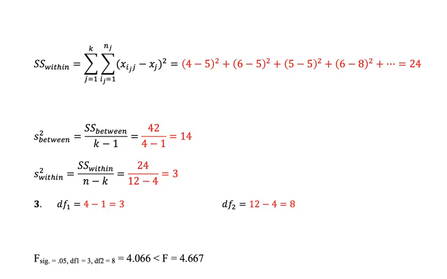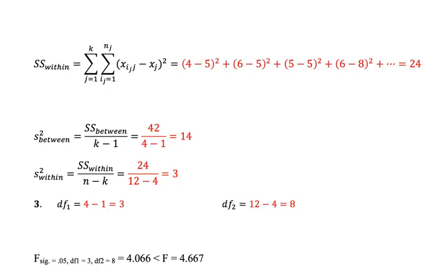If we divide the sums of squares by the appropriate degrees of freedom, the degrees of freedom are k minus 1, the number of groups minus 1, for the between group variance, and n minus k, the total number of observations in all of the groups less the number of groups. If we do this, we get a between group variance of 14 and a within group variance of 3.